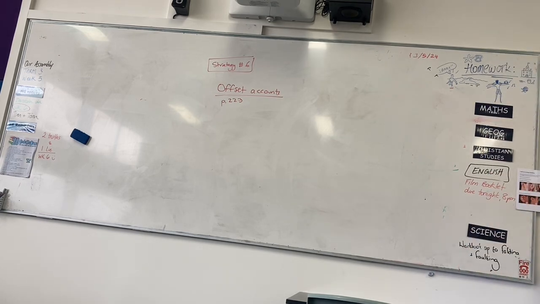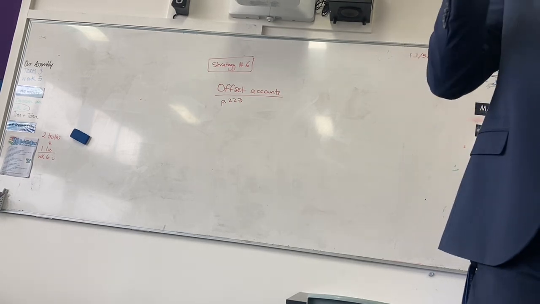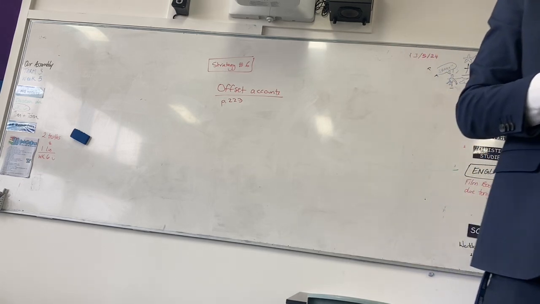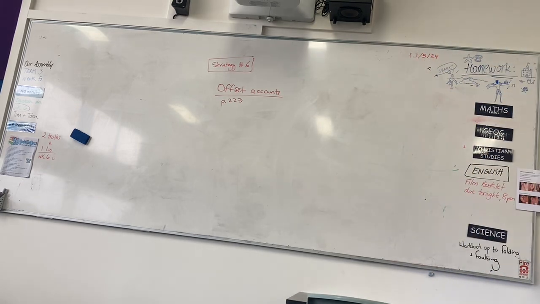All right, so we've had a read of it. How could we summarise what an offset account is? Turn to your neighbour, try and summarise in one sentence what an offset account is.